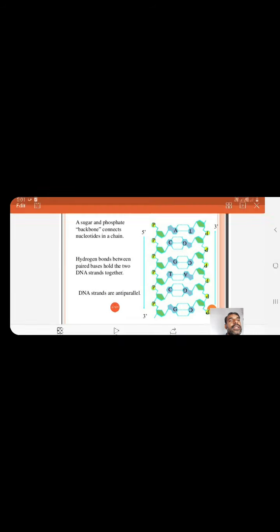In the middle are the nitrogen bases: adenine binds with thymine, cytosine binds with guanine, thymine binds with adenine, and guanine binds with cytosine. These nitrogen bases are present in the central side, and phosphate groups and sugars are also present.